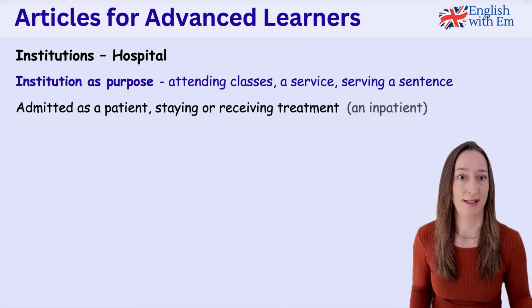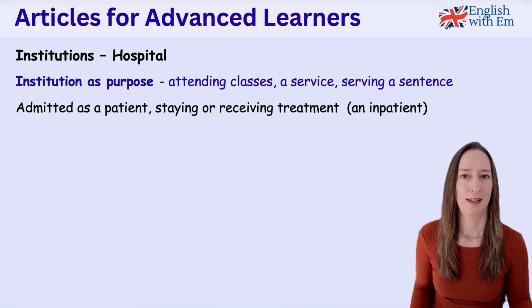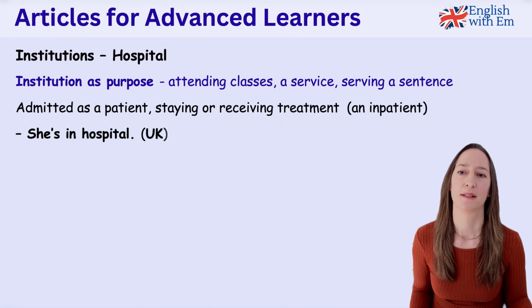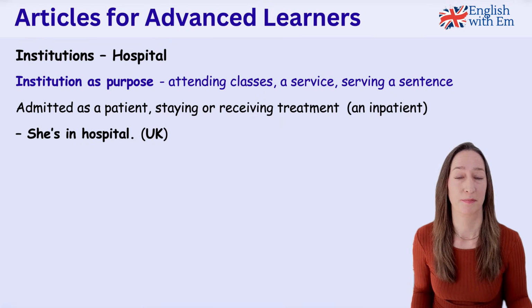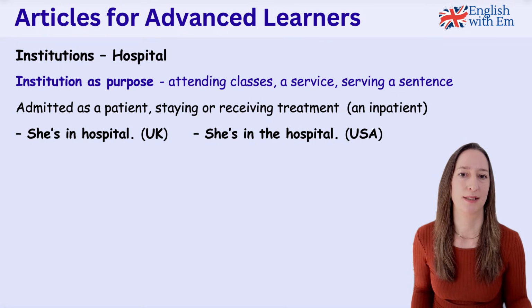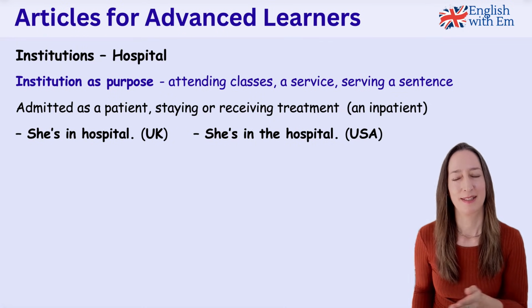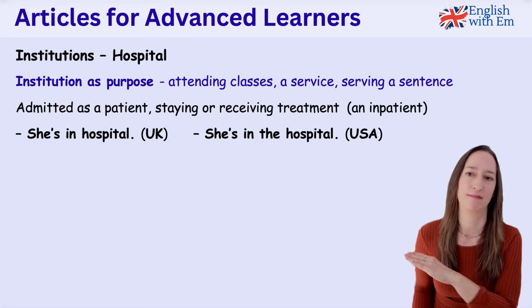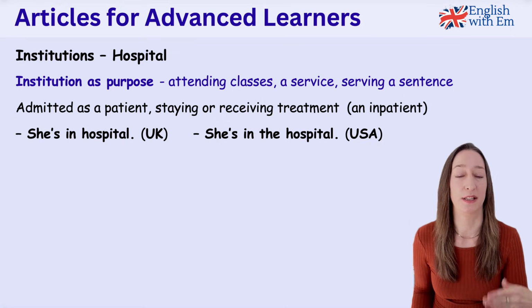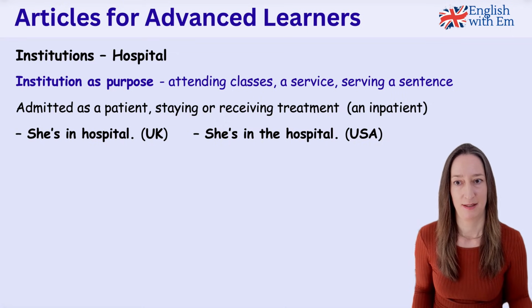In other words, being an inpatient. Here, we say she's in hospital in the UK, but she's in the hospital in the USA. So in the UK, there's no article, while in the US, there is.